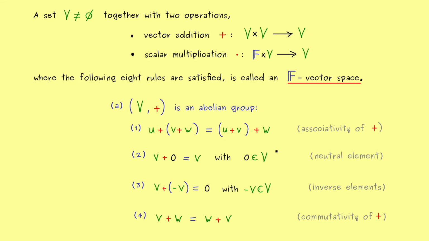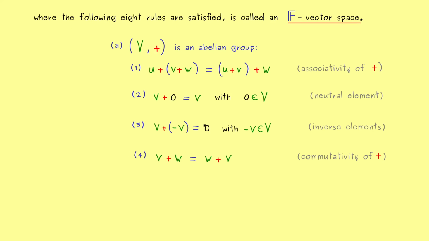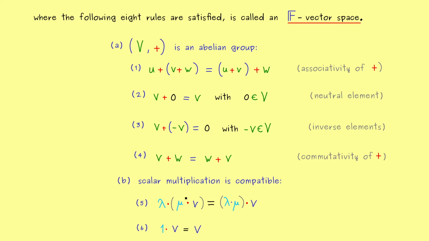Okay, then let's go to the next 2 rules which concern the scalar multiplication. And we can summarize them by saying that the scalar multiplication is compatible. And first, that means the scalar multiplication acts nicely when we put it together with the multiplication we already know from our field. So you should see here on the left hand side we scale the vector v 2 times, but on the right hand side we only scale it once.